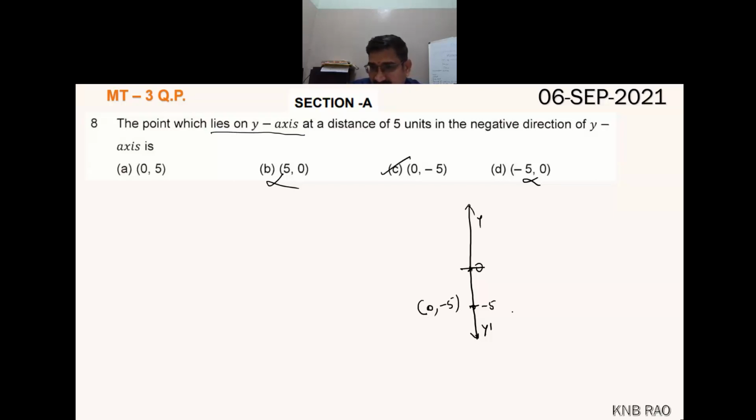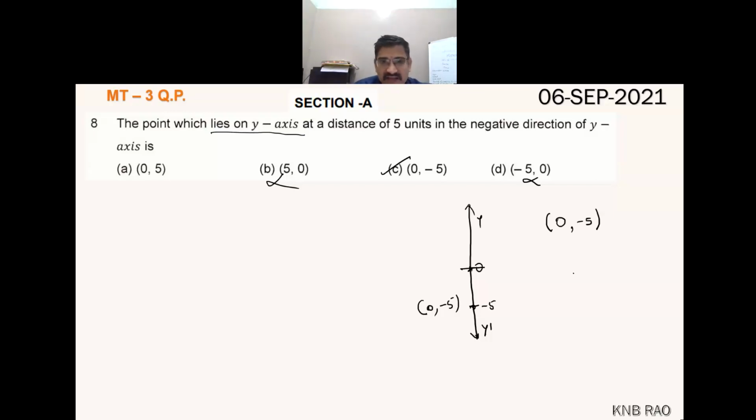And remember, a point is compulsorily written within parentheses, with a comma separation. The abscissa and ordinate get separated by that comma. Compulsorily we should write within parentheses.